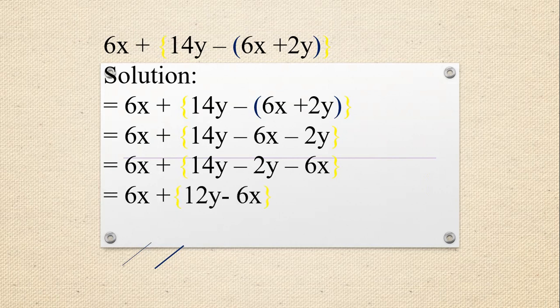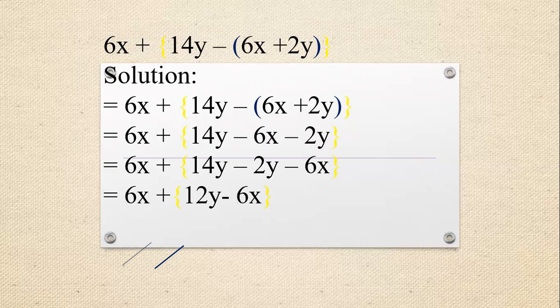Here the sign of this 12y is plus as the sign of 14y, which is the greater number, is plus. Now we have two unlike terms in curly brackets, so we have to remove these brackets because it cannot be solved further. By removing the curly bracket, this plus sign which is before the curly bracket will be multiplied with the inside signs.